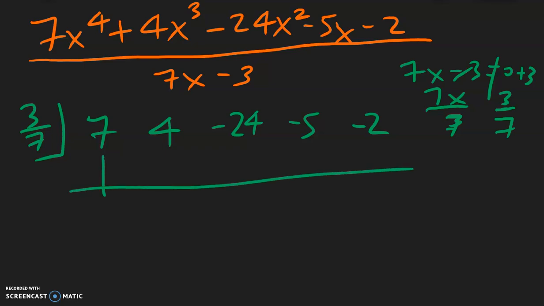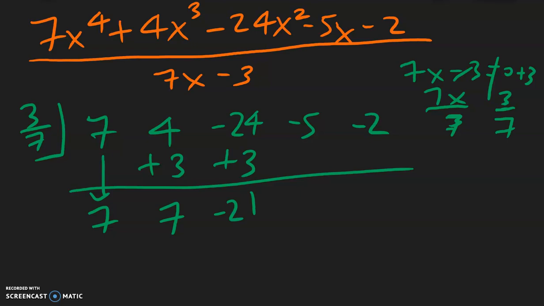Now let's do this process. Bring down the 7. So 7 divided by 7 is 1 times 3. It's going to be 3. So the positive 3. 4 plus 3 is going to be 7. And so 7 divided by 7, so divide the bottom, that's a 1 times the top, that's a 3. Negative 24 plus 3 is negative 21. So here we have a negative 21 times a positive fraction.